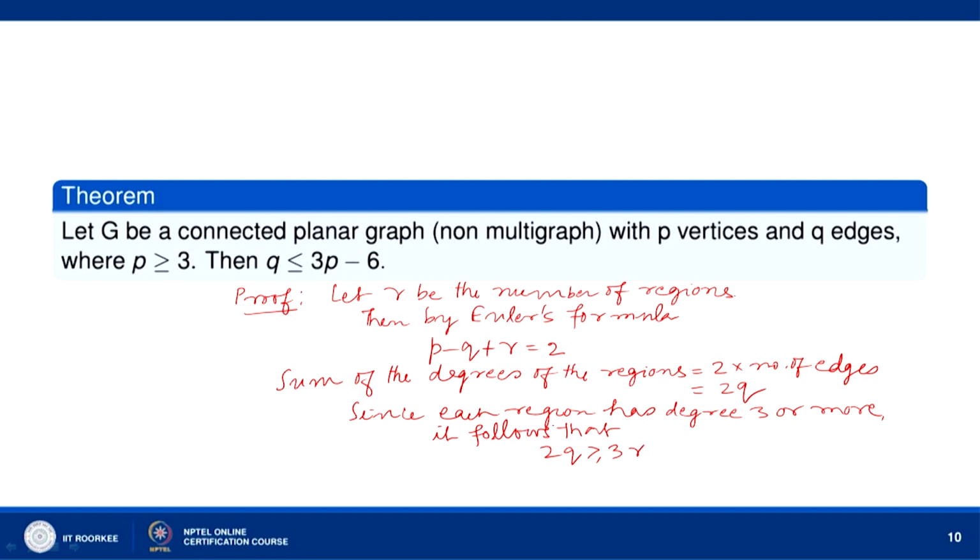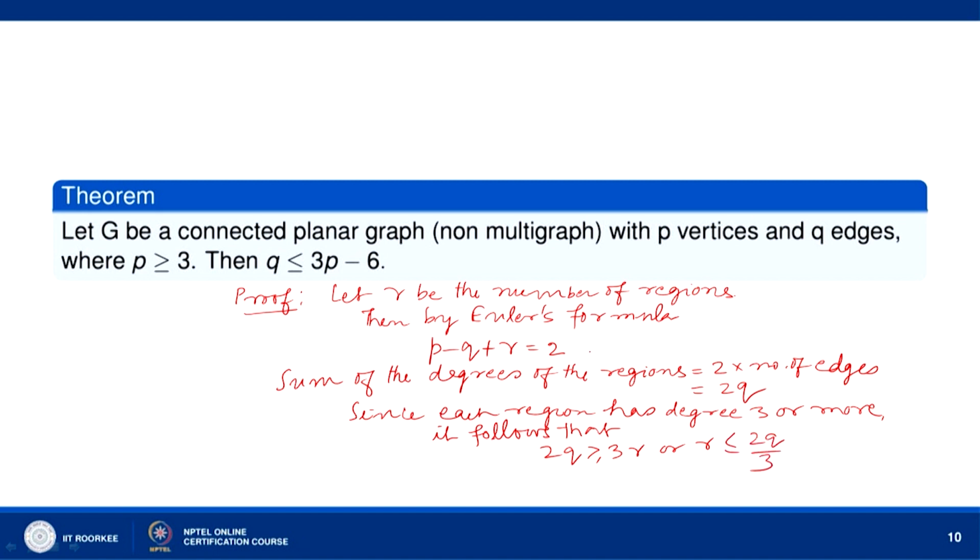There are R regions, the degree of a region can be 3 or more, and the total degree is equal to 2Q. So, 2Q is greater than or equal to 3R. R is less than or equal to 2Q by 3.